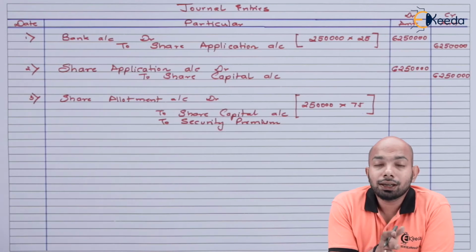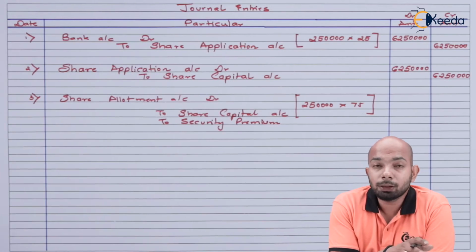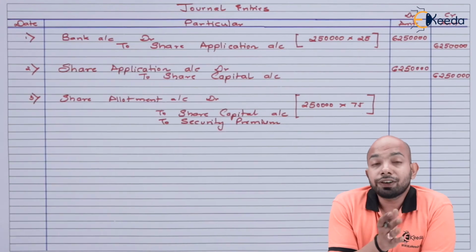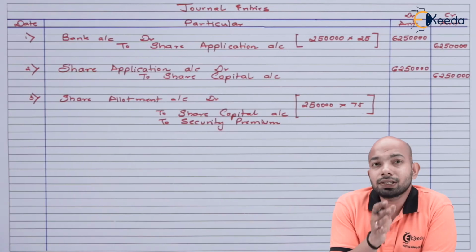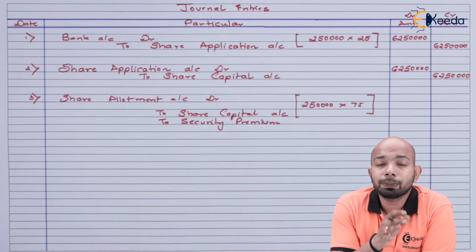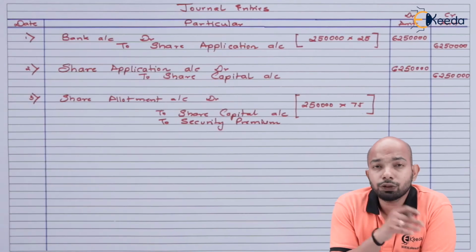Here we need to understand that on the face value of 100 rupees, if 25% is the premium, that means 25 rupees is the premium, which is included in the allotment account. So 75 rupees is the total allotment amount, which includes the premium as well. That means 25 rupees is the premium in the allotment. If you subtract that from the allotment money, 50 rupees is the actual capital portion of the allotment here. So accordingly, you have to multiply.